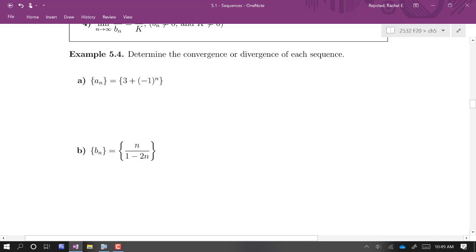So we'll note here that we already looked at terms of this sequence, that negative 1 to the n term. This alternates between negative 1 and 1.